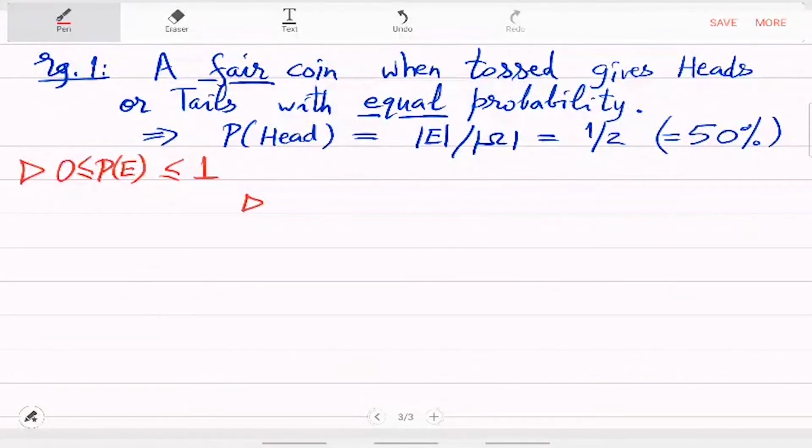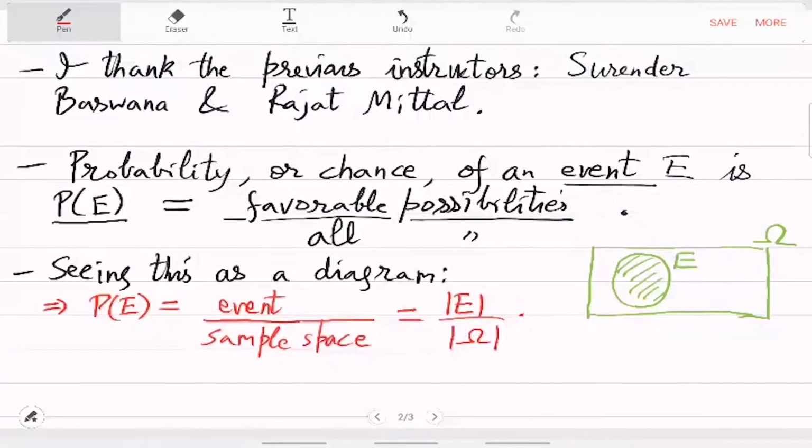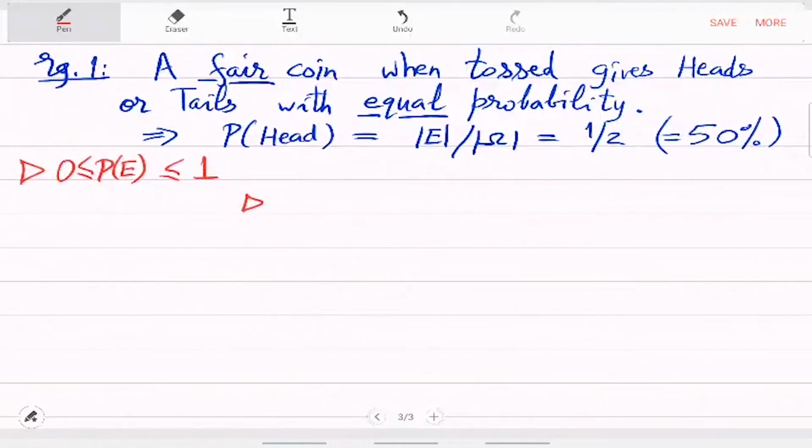And the second property: again look at this Venn diagram, from this you can see that E and its complement fill the whole space, which we write as probability of E plus probability of E complement sums up to 1, right?